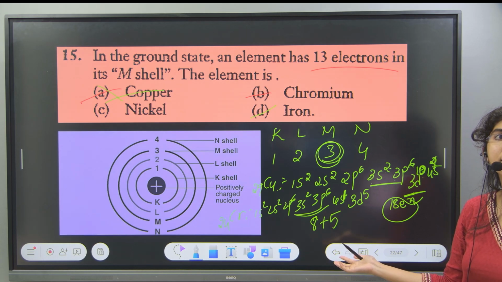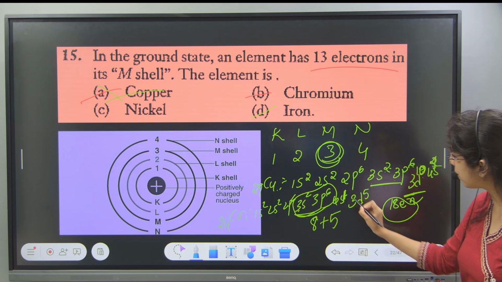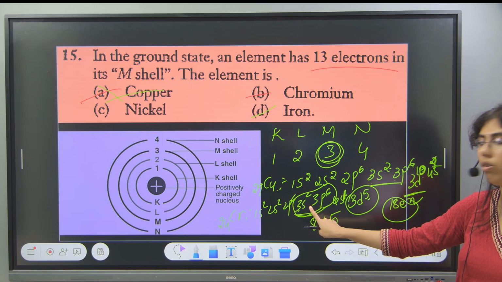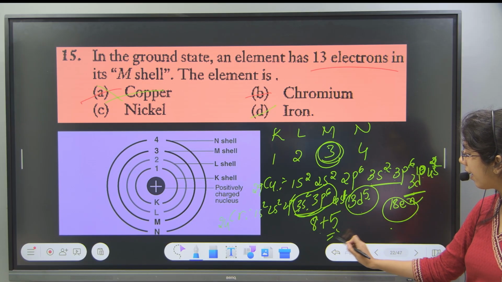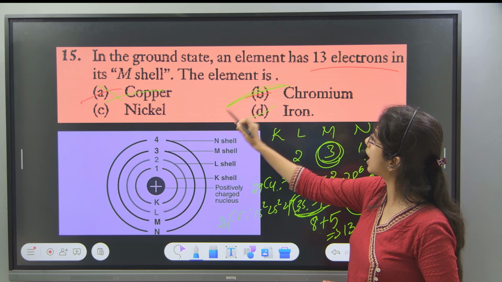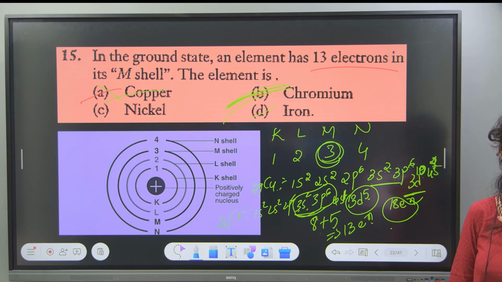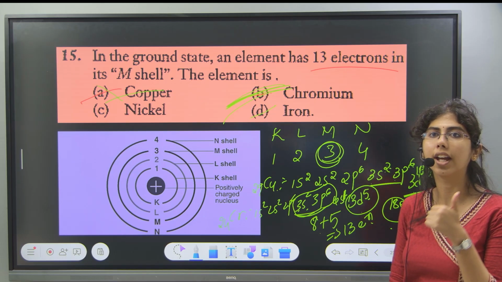Here we have 3s2, 3p6, and 3d. So if I count the total number of electrons in the third shell, it adds up to 13 electrons. So option B is correct. Everybody got this? Can you show me thumbs up? Okay, thank you.